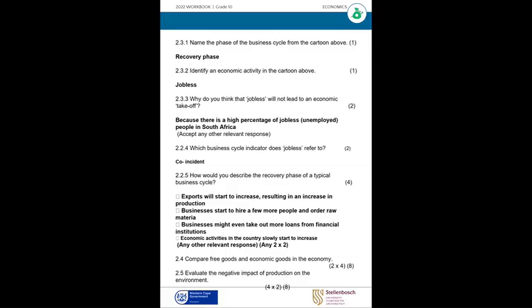Now 2.4 or 3.4 or 4.4 would always be based on the notes that you've dealt with in the classroom, whereas your 2.5, 3.5 and 4.5 will be sort of application of the knowledge that you have. So 2.4 says, compare free goods and economic goods in the economy.